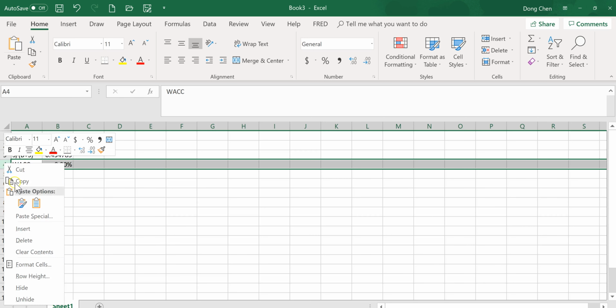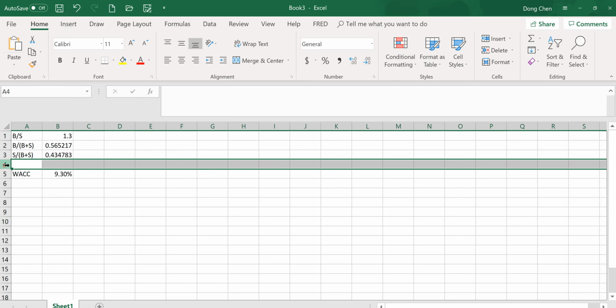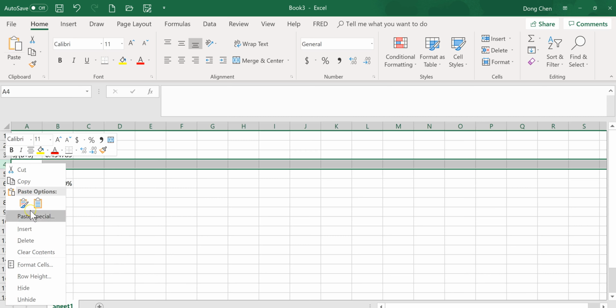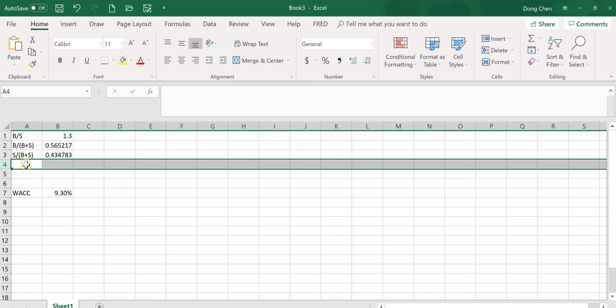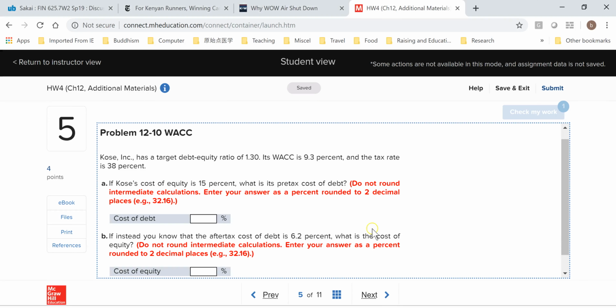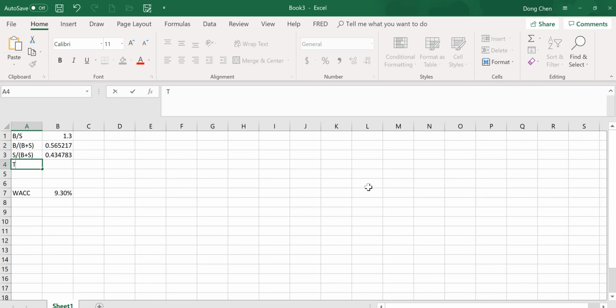So now we have solved out the debt value ratio and equity value ratio very easily. And the tax rate TC is 38%. And this is part A.